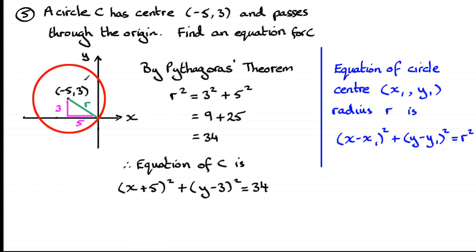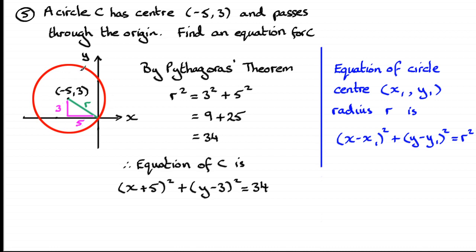I don't know if any of you drew a quick sketch out. I do think drawing sketches out for coordinate geometry questions really does help. So you can see that I've drawn a sketch where I've got the centre of the circle (−5, 3). We're told that it passes through the origin. This is not drawn to scale by any manner of means, but just to give you an idea.